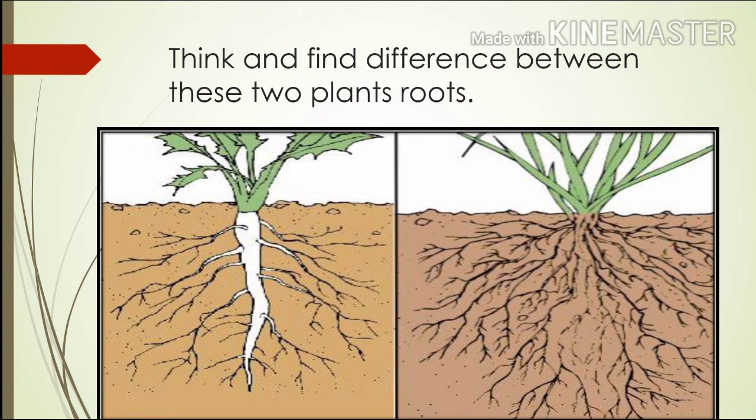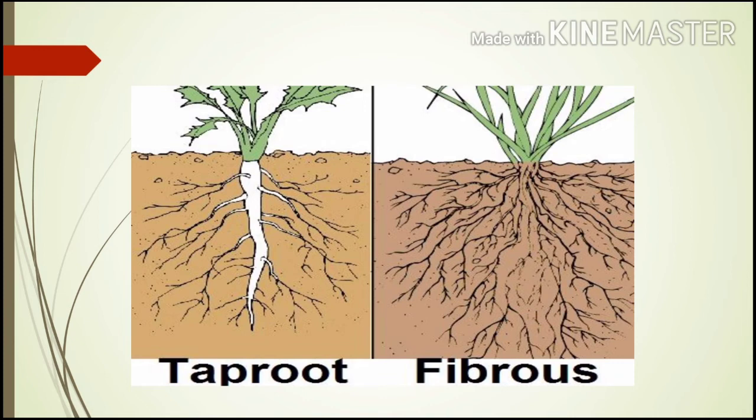Observe these two pictures and find the difference between the two types of roots. Yes, one plant has a big root and smaller roots coming out from it.